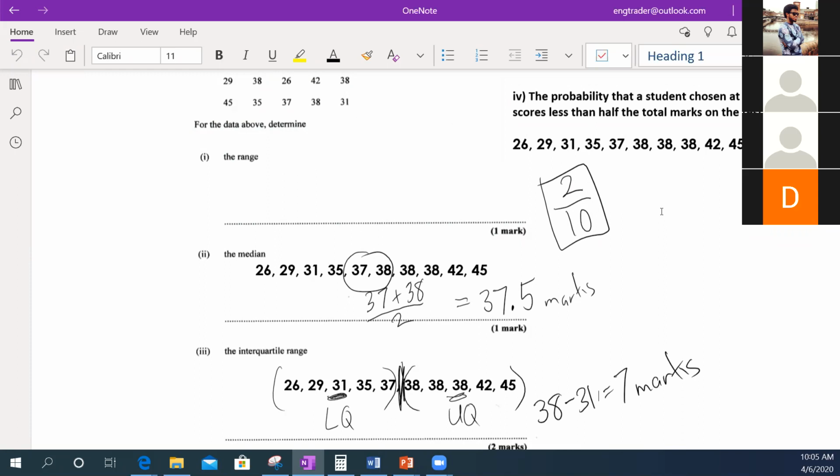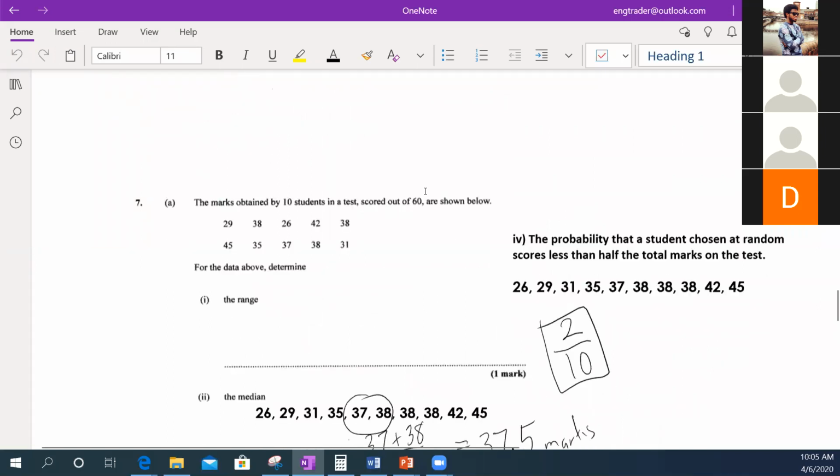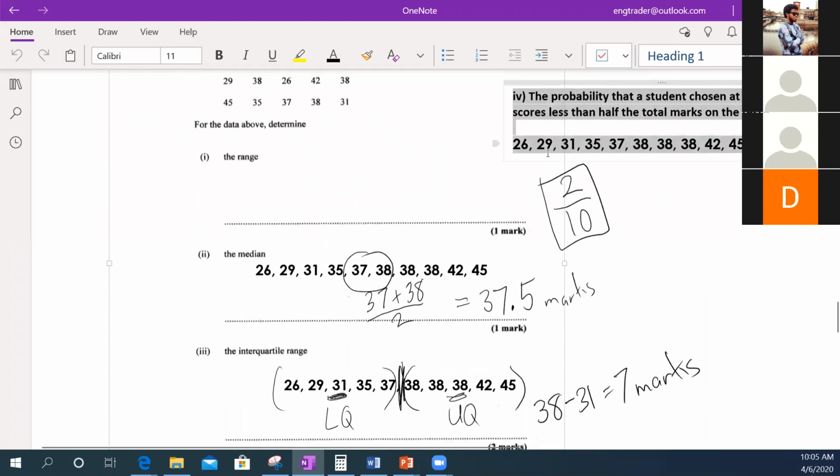Basically, the question said the score was out of 60. In the whole class, well, the sample that I took, this is what we got. Now it's asking for less than half of the total marks. If the total marks was 60, half of that would be 30. Any numbers under 30 are less. Less than 30, we have 29 and 26.